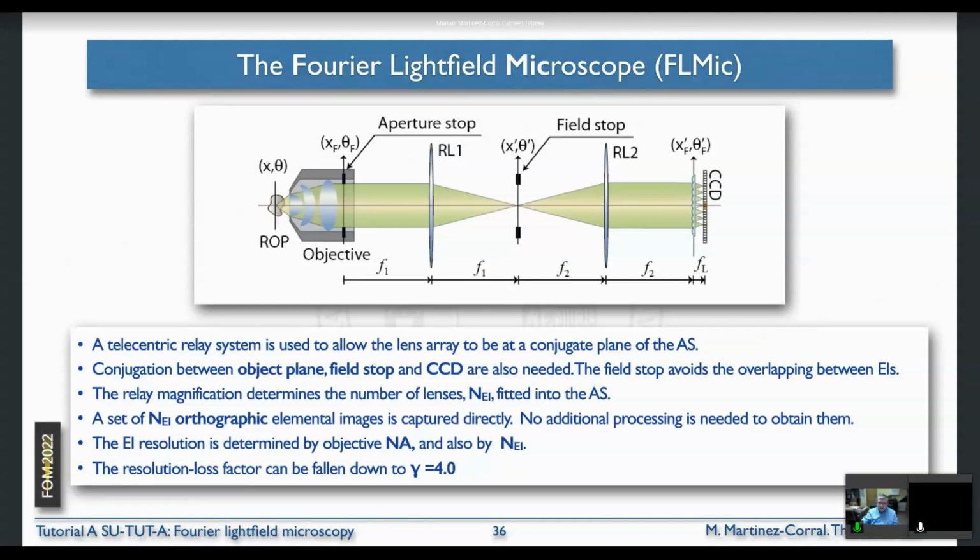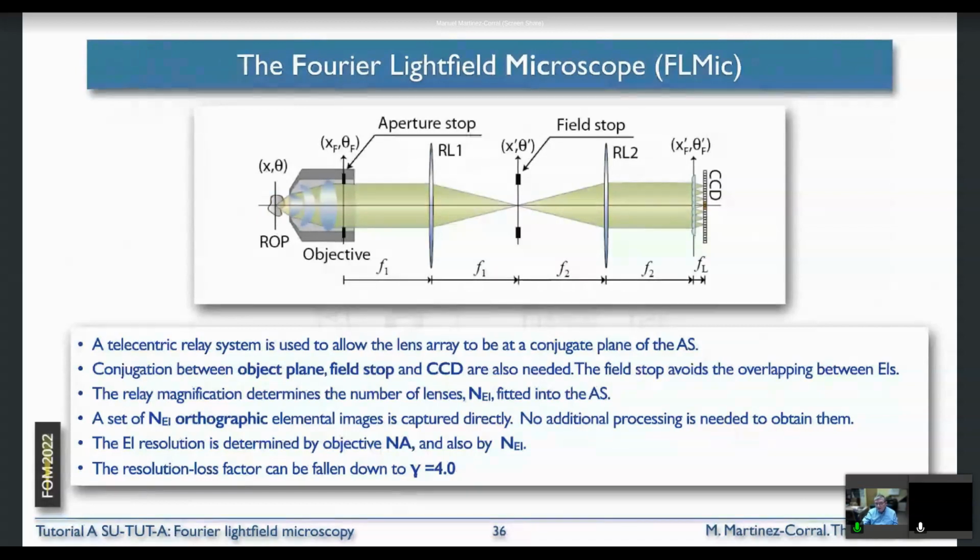So then we use a relay system here. This is a telecentric relay system. There is a conjunction of focal points, and therefore we have the conjugation. The object plane is conjugated with the field stop, which is conjugated with the sensor.